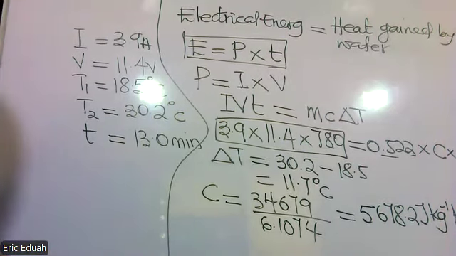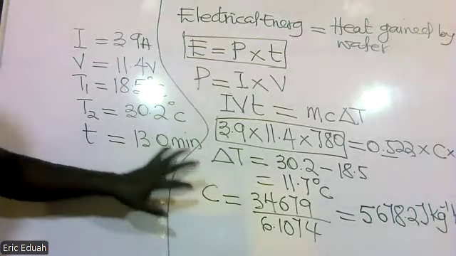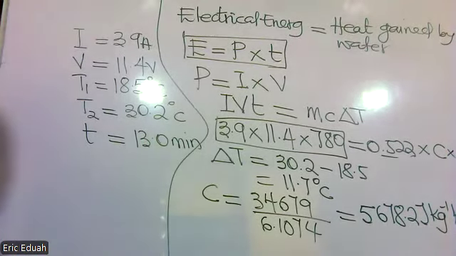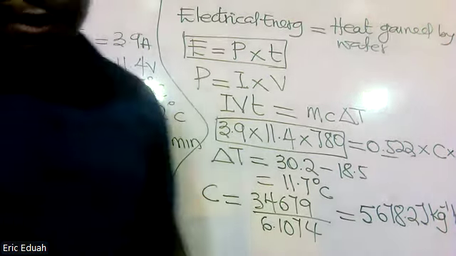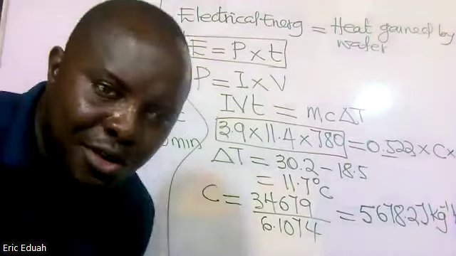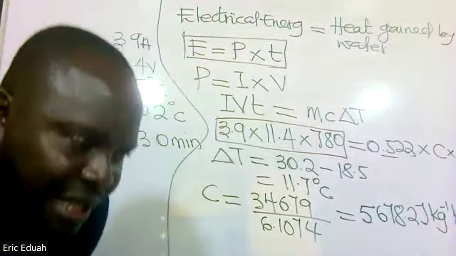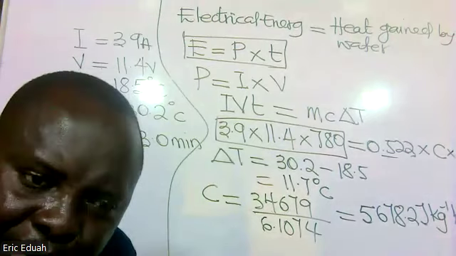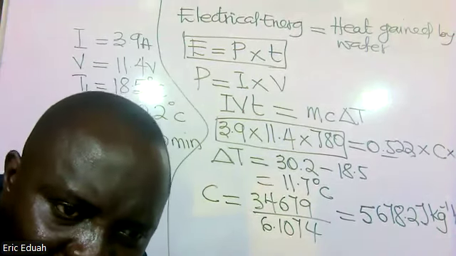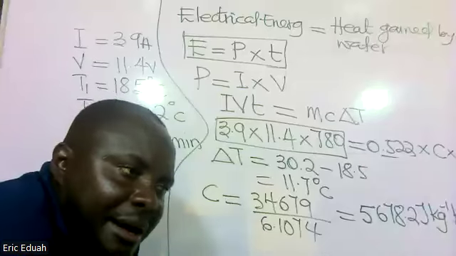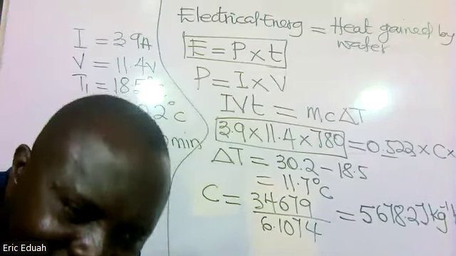Okay. Any more views? What do you think will be a possible source of error? Okay, let me give you one. One possible error would be that, you see, this principle of calorimetry works on an isolated system.